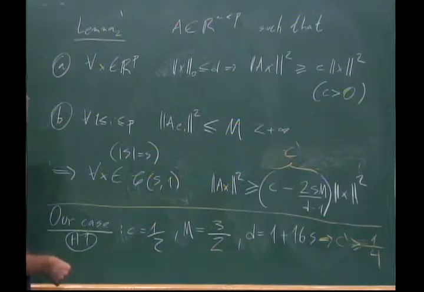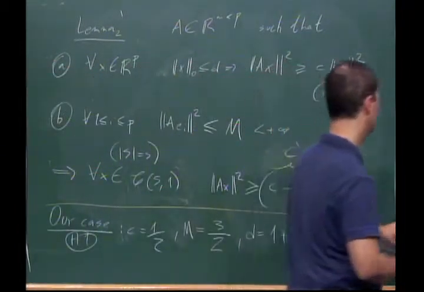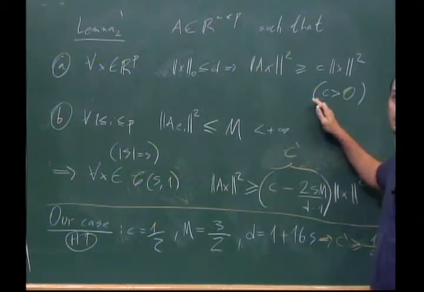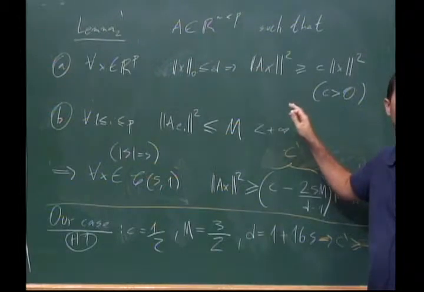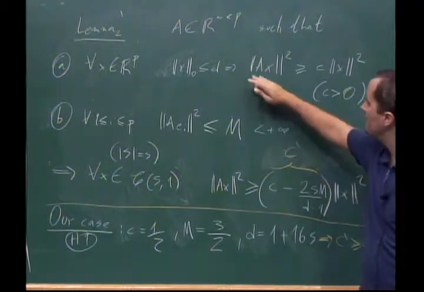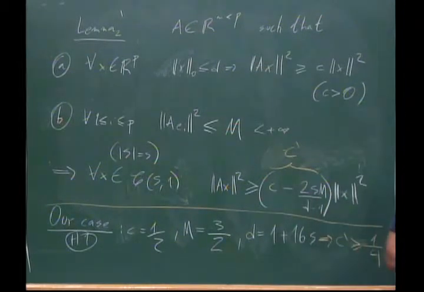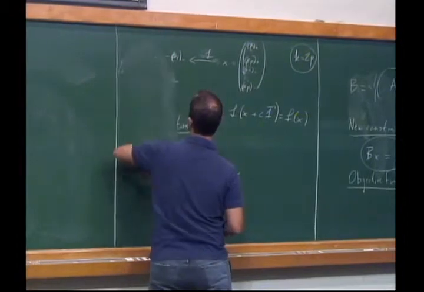So how do we prove this lemma here, this lemma 2? I should first of all say that this lemma is a purely deterministic statement. I'm just saying, if a matrix has these two properties, then it has this other property here. But we're going to prove this lemma using probability, in some sense.